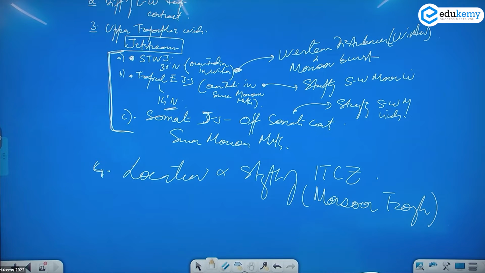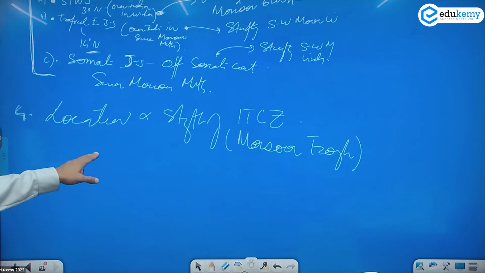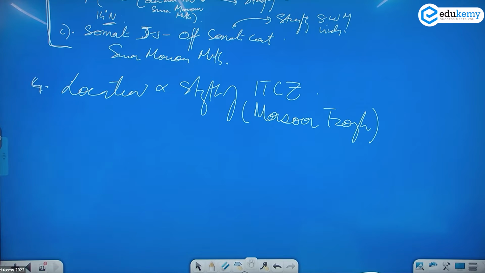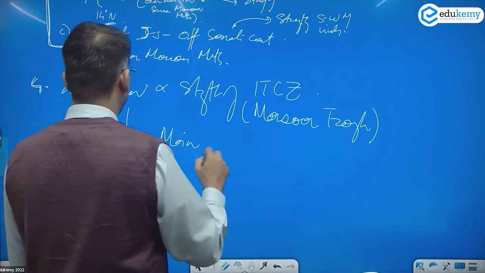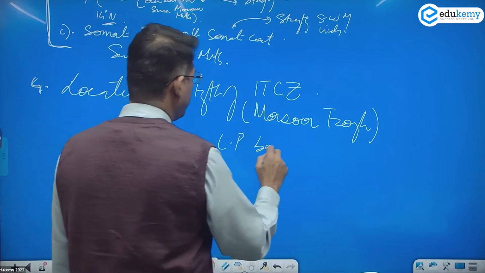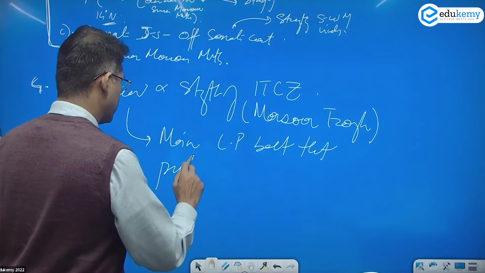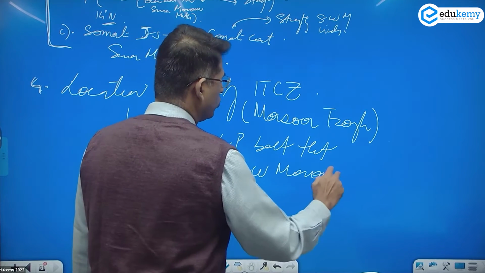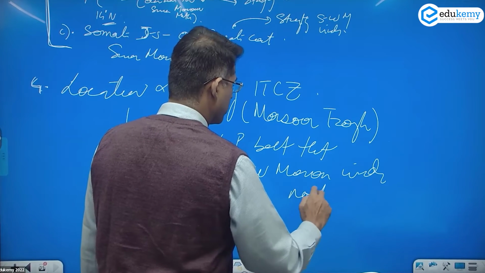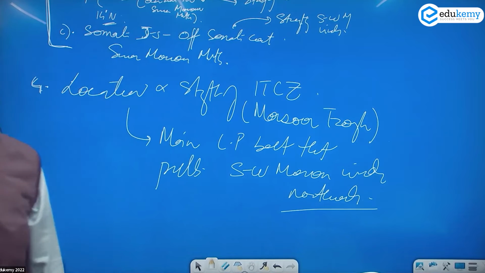This ITCZ is the main low pressure belt that pulls the southwest monsoon winds northwards. If there is no low pressure, the winds will not move towards the land.